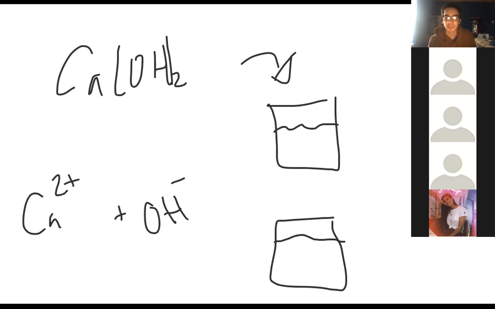Because equilibrium can be reached no matter what the starting position is, what's going to happen is it will start to go in the reverse direction. So out of here, we'll get the production of calcium hydroxide. This is just an example, but I hope that makes sense to everybody. Whether you're starting with all of your reactants, which is how we like to think about things, we start off only with reactants.